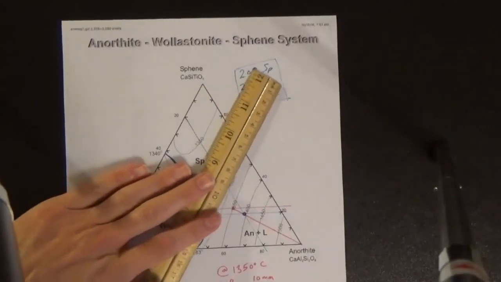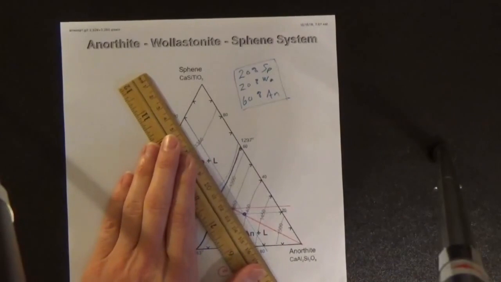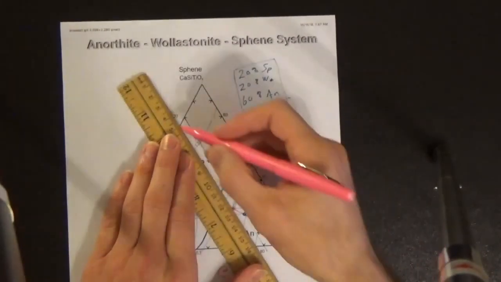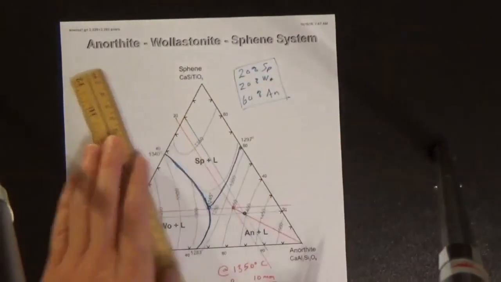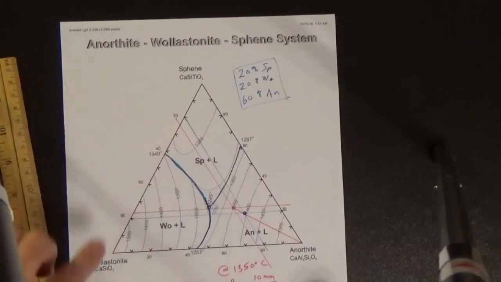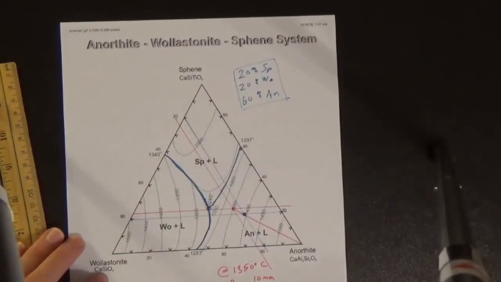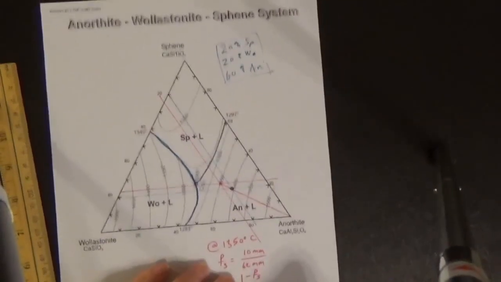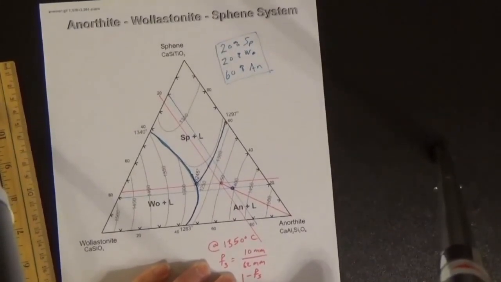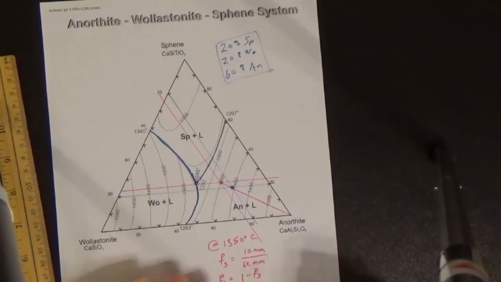and we have about, let's draw this line, about 25% of WO, which means that we have around 51% AN.